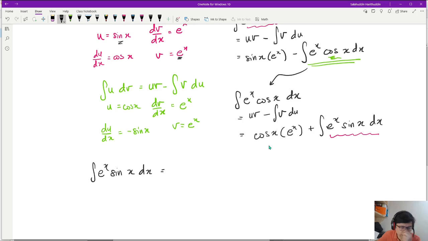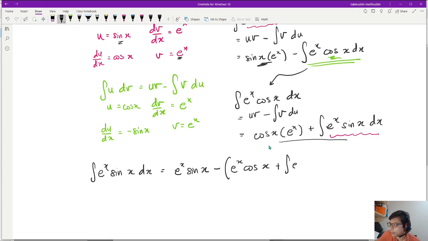So what I'm getting here is e to the power of x sine x, minus what I've got here. So that one is e to the power of x cosine x plus the integral of e^x sine x dx.